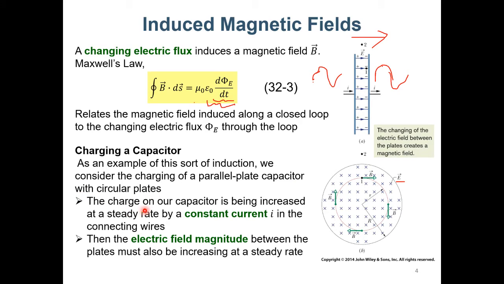The charge on the capacitor is being increased at a steady rate by a constant current I in the conducting wire. Then the electric field magnitude between the plates must also be increasing at a steady rate. So here it mentioned the case where I is kept constant, so the charge here increases linearly.